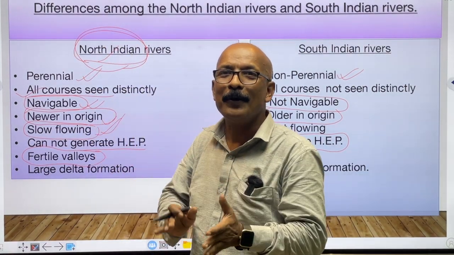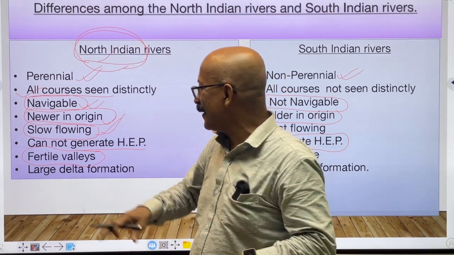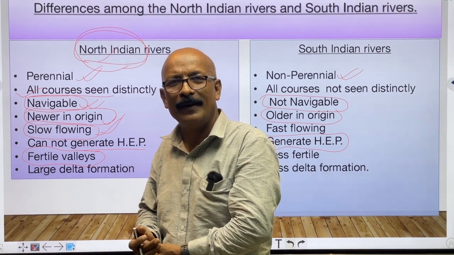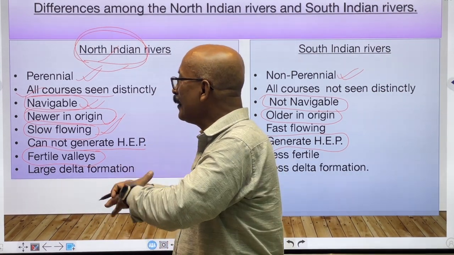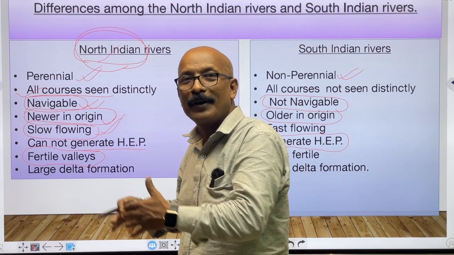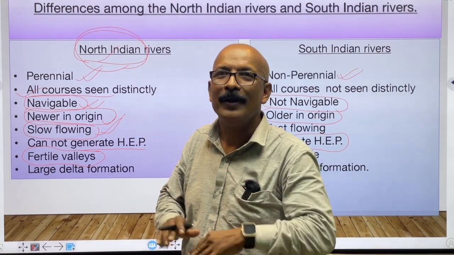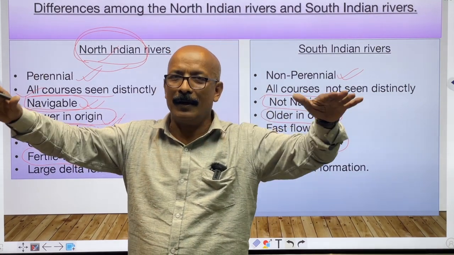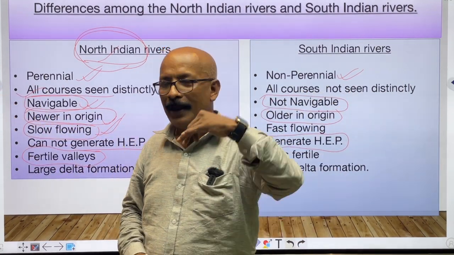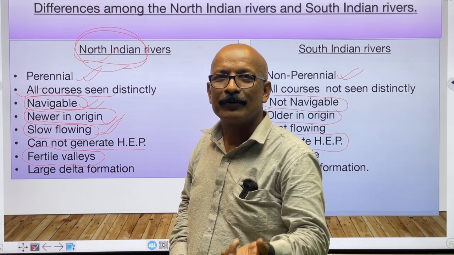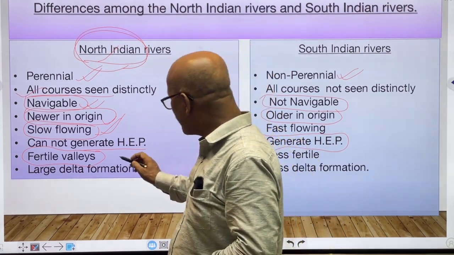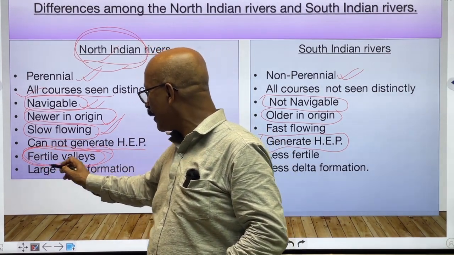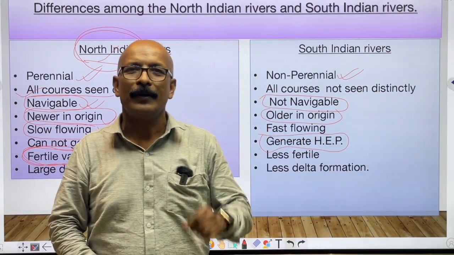The majority of the Indian population is concentrated on these fertile valleys. Why is it fertile? How does it become fertile? Because the eroded materials, the transported materials at the time of flood, spread out through both sides of the valleys of the river and ultimately give rise to fertile land. So the maximum concentration of population is in the fertile valleys of the rivers of northern India.